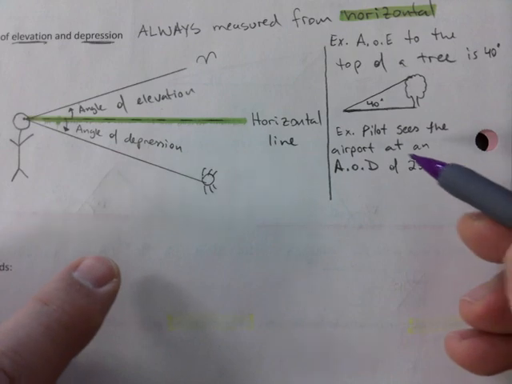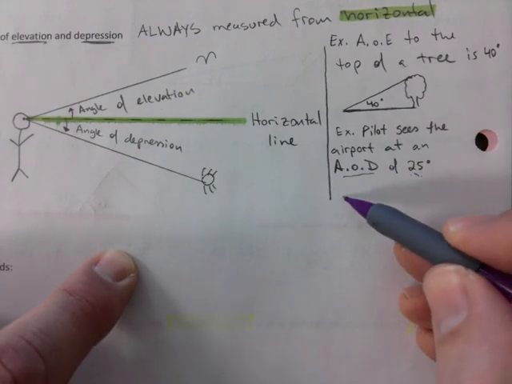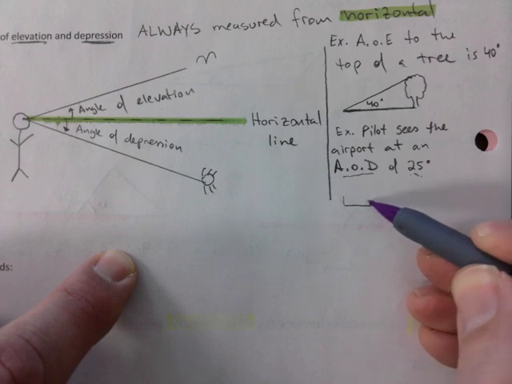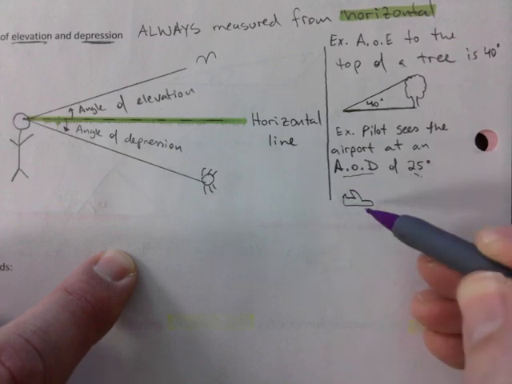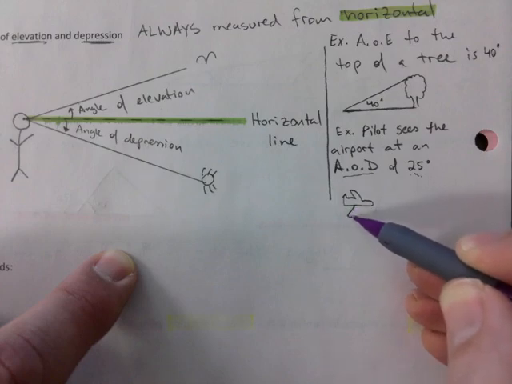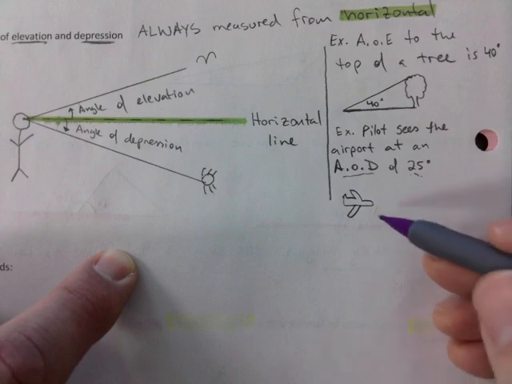If you see something like that and it says angle of depression, you should be picturing, sorry guys, I'm not artistic as you can tell. There, pretty good. It'd probably crash if I built it.